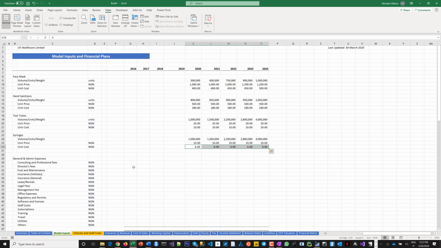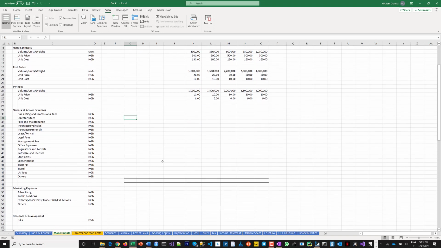Okay, all right, so what about the admin cost, general and admin expenses? Again, we're going to put in some figures, but the key thing is for you to be very conversant with this category of expenses.